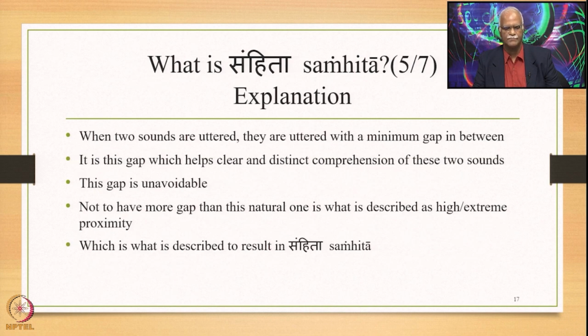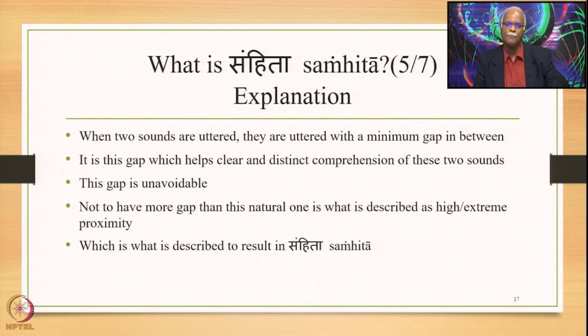What it means is when two sounds are uttered, they are uttered with a minimum gap in between. It is this gap which helps clear and distinct comprehension of these two sounds. This gap is unavoidable.